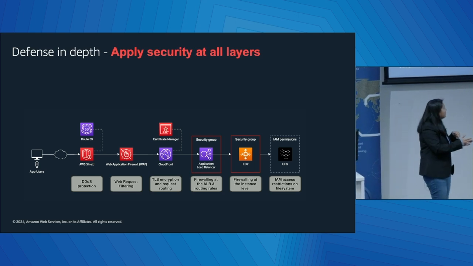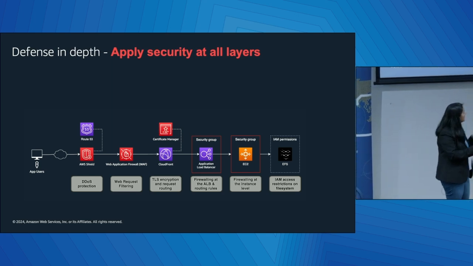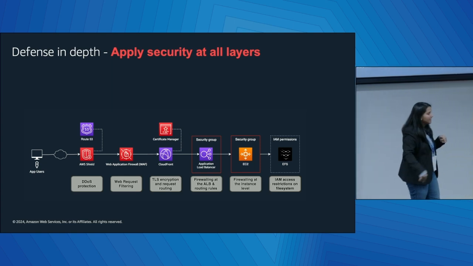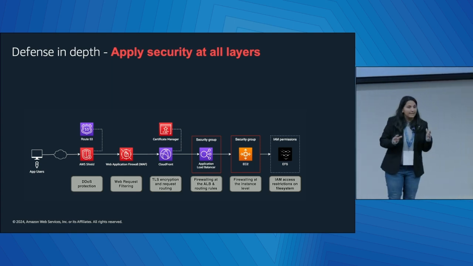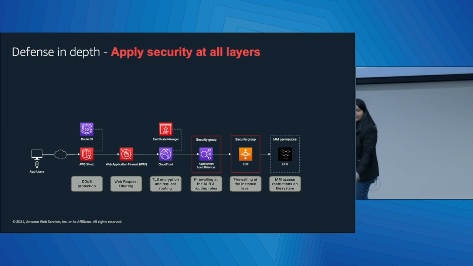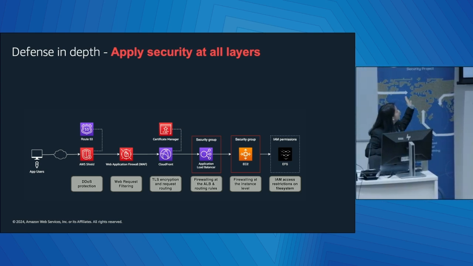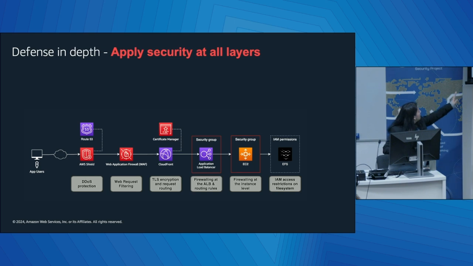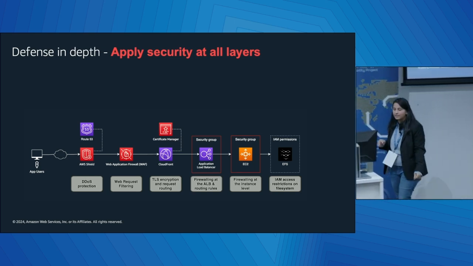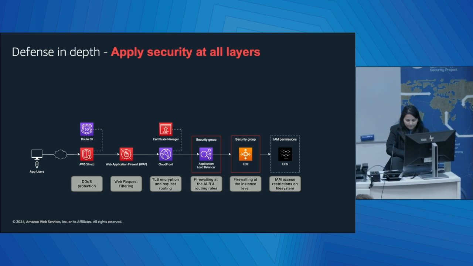Then you have a firewall at your application level, and then again for your data, you have access and authorization of who can access and what they can access. So for a bot to crack it, there are multiple layers to crack before reaching the data layer in the end.